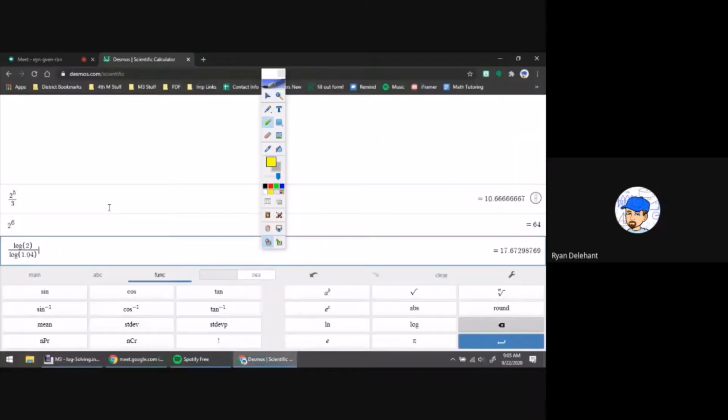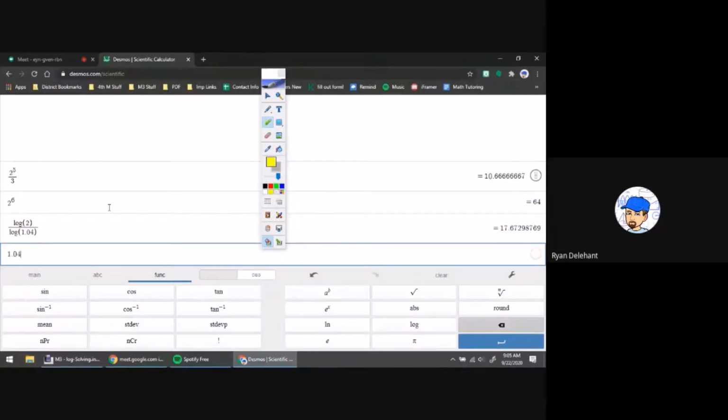So let's go back and do this. So it was 1.04 to the power of 17.67. And you can see here we get 1.999765. It's not exactly 2 because we had to round this answer a little bit when we wrote it down, but it's pretty close. It's close enough to understand that it's rounded. That's why it's not exactly 2. So you can check that one.